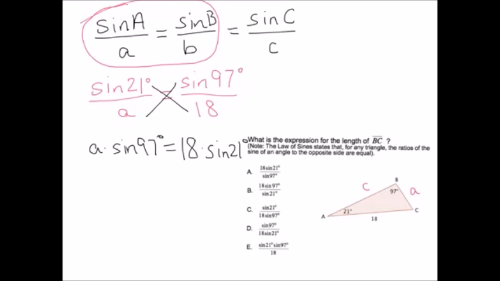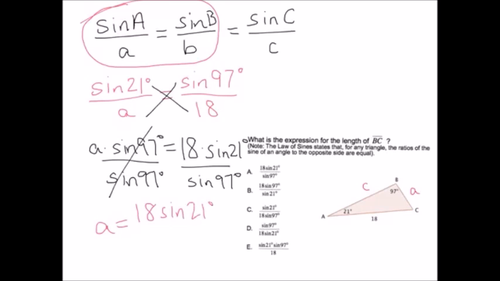In order to solve for A, we need to get rid of this times sine 97, so we're going to divide both sides by the sine of 97 degrees. So A actually equals 18 times the sine of 21 degrees over the sine of 97 degrees. That's our expression for the length of BC.